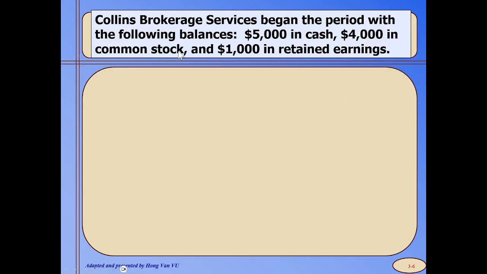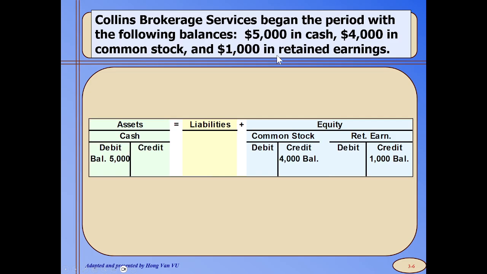Collins Brokerage Services began the period with the following balances: 5,000 in cash and 4,000 in common stock and 1,000 in retained earnings. So here are the account balances in the T account model.